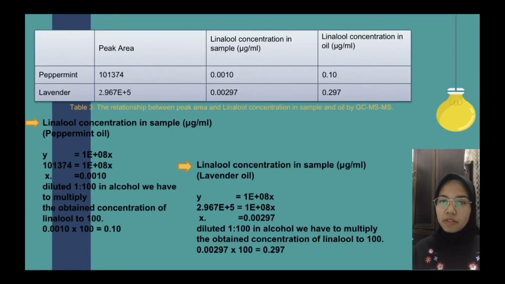Okay, for Table 3, this table shows the relationship between peak area and linalool concentration in sample and oil by GCMS-MS. For peppermint, we get the peak area 101,374, and for lavender we got 2.967 exponent 5. From these two values we will get x, and also the concentration in oil.